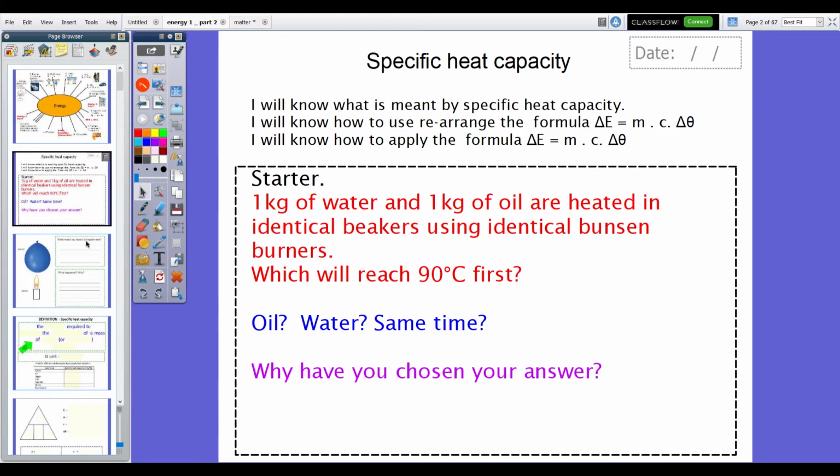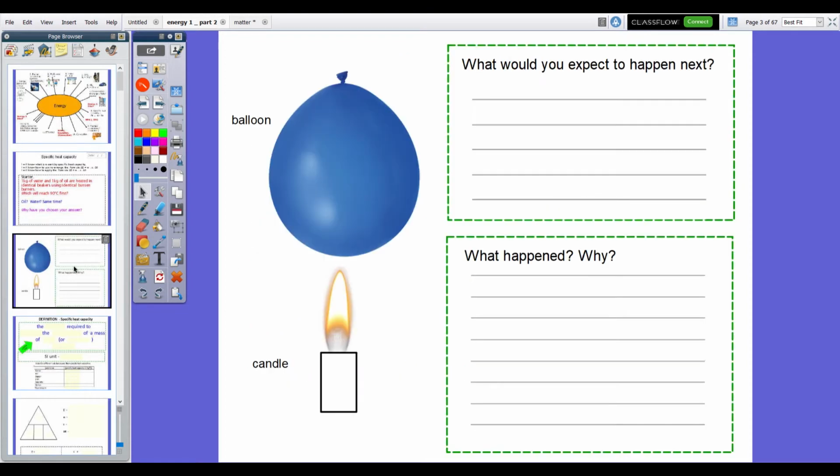Now, if I was in the classroom now, I would be showing you a nice little demo. If you want to see this demo, just type in balloon burning candle trick or just balloon burning candle on YouTube, and you can see a demonstration of this trick.